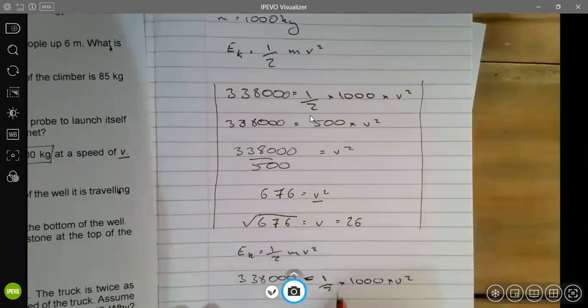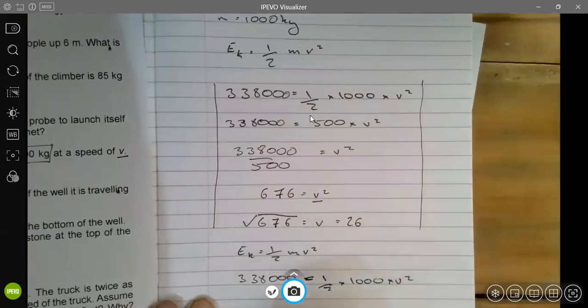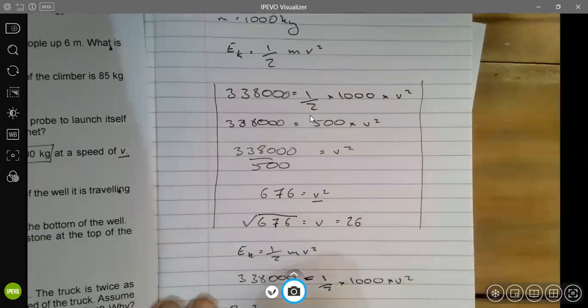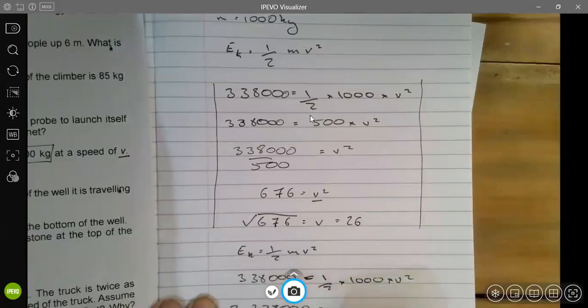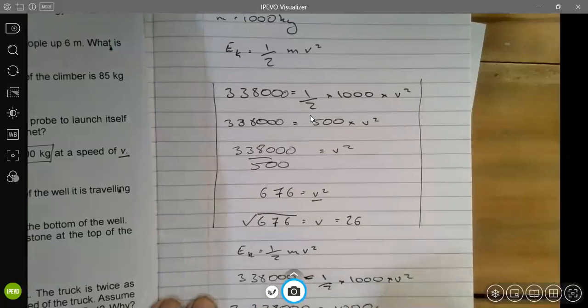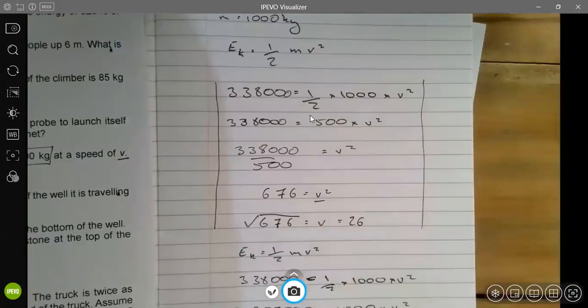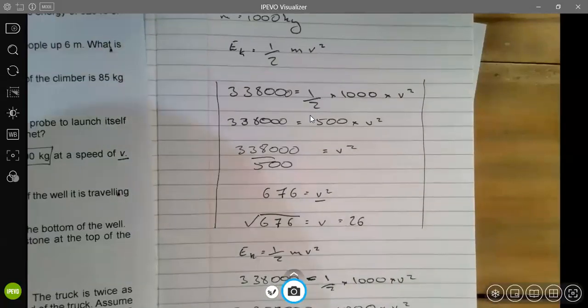I don't like the half over here, so I'm going to multiply both sides by 2 to get rid of it, leaving 2 times 33800 is equal to 1000 times v squared.